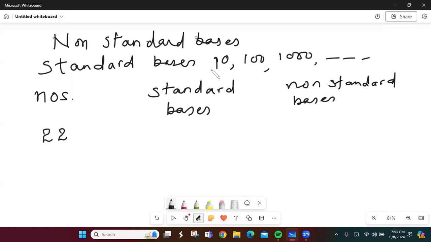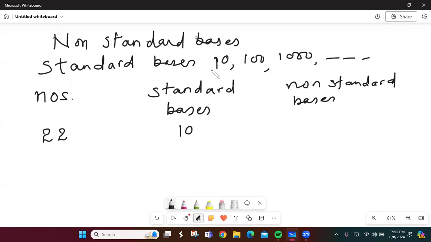Now since 22 is a two-digit number, the standard base I can take it as 10. But taking the base 10, if I do the calculations, it will be slightly difficult because the difference between 22 and 10 is 12, which is quite large.